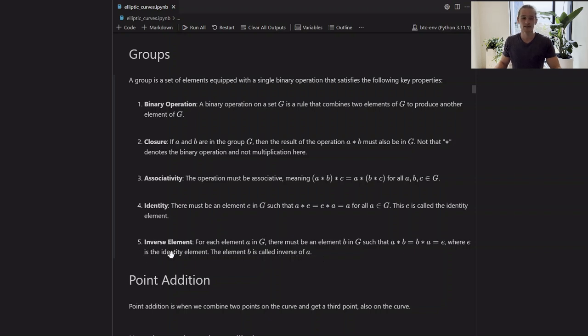Then the last property is the inverse element. So what this means is that for every element A in the group, there must be another element called B here, also in the group, such that if you combine A and B, you actually get this identity element that we talked about in property 4 here. Then in that case, element B is called the inverse of A. Now let's go back to the example of using the number 5. Remember that if you add the identity element 0 to 5, 5 remains unchanged.